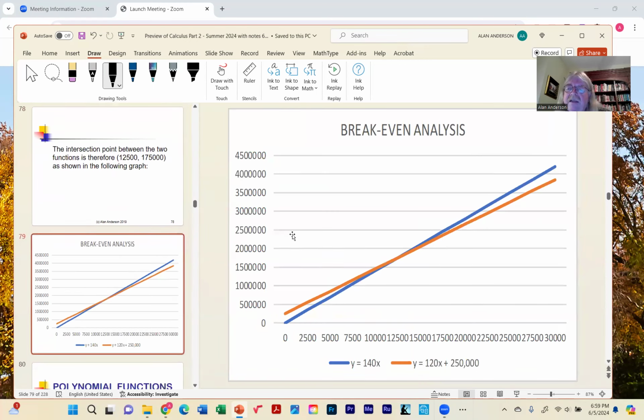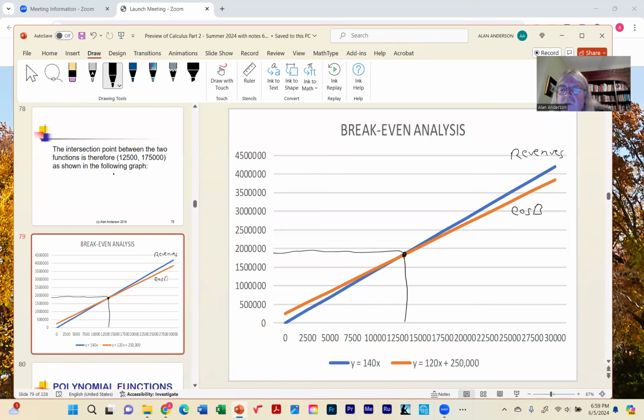And then here's the graph. Now, again, this has been done in Excel, so it's not ideal, but here's 12,500, our break even point, 1,750,000. Now, from the company's perspective, though, if you notice, the blue line is revenues. The orange line is costs.